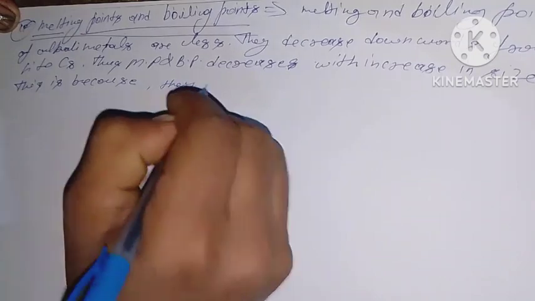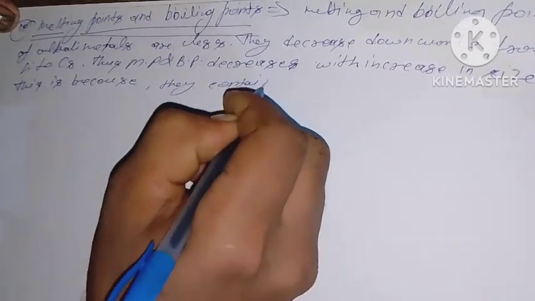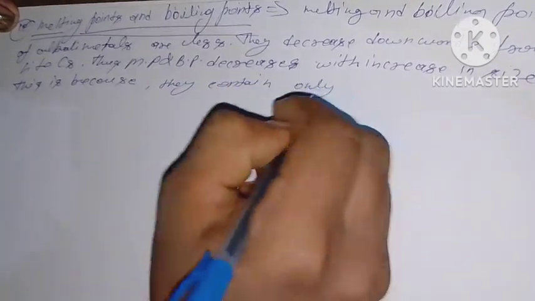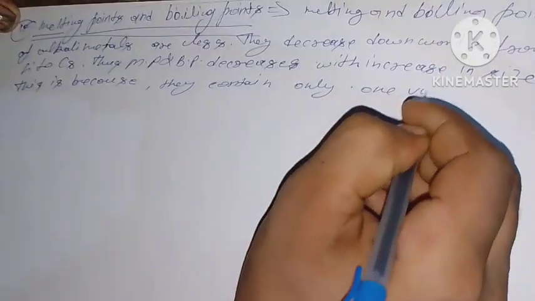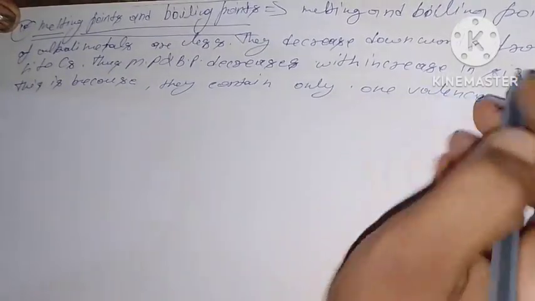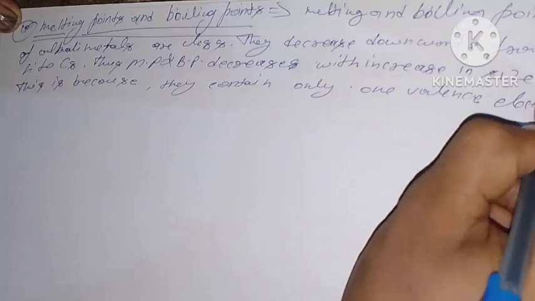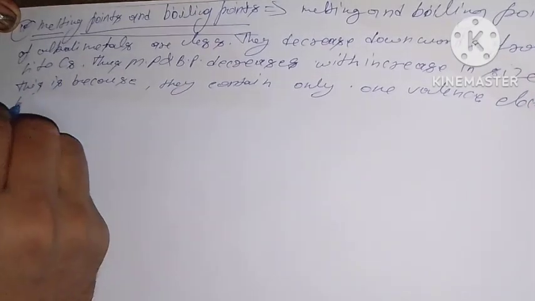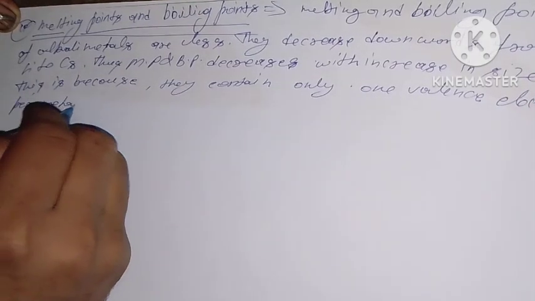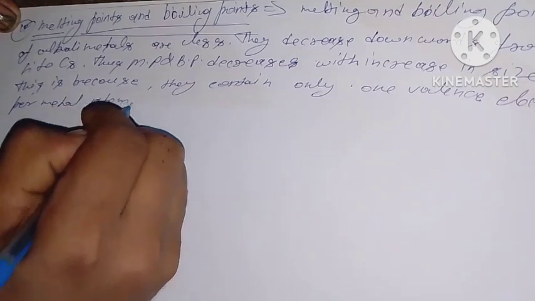This is because they contain only one valence electron per metal atom.